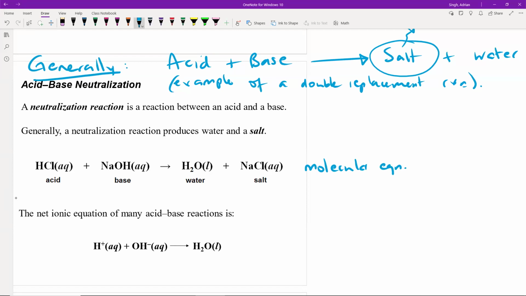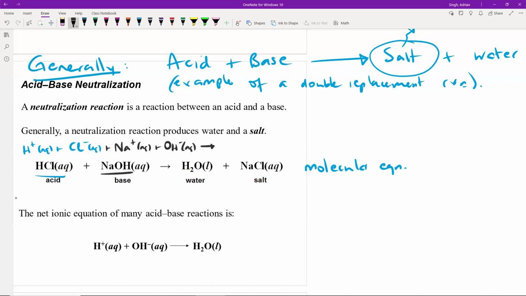Everything that's aqueous, I'm going to split apart into ions. So the HCl is made up of H plus and Cl minus. The NaOH is made up of sodium, Na plus, aqueous, and OH minus, aqueous.